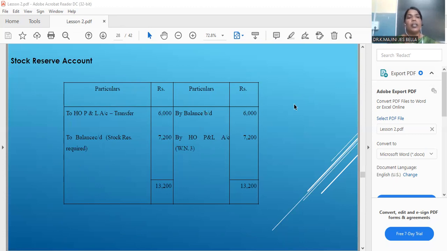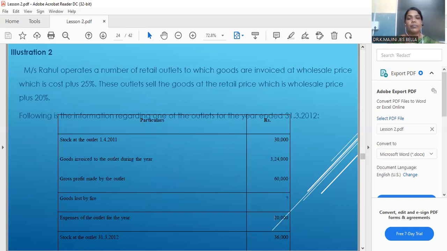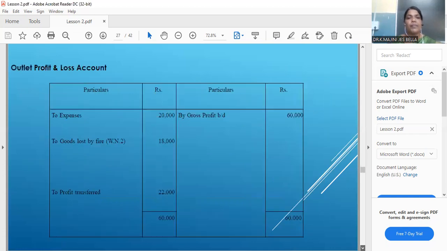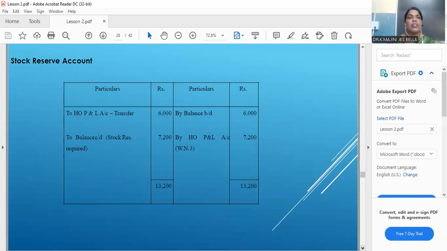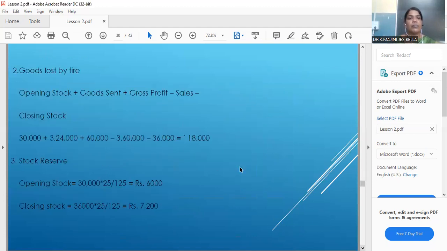Okay, so here, to head office profit and loss account transfer. How much? To head office profit and loss account transfer, 6,000, right? We have to do the workings for that amount.